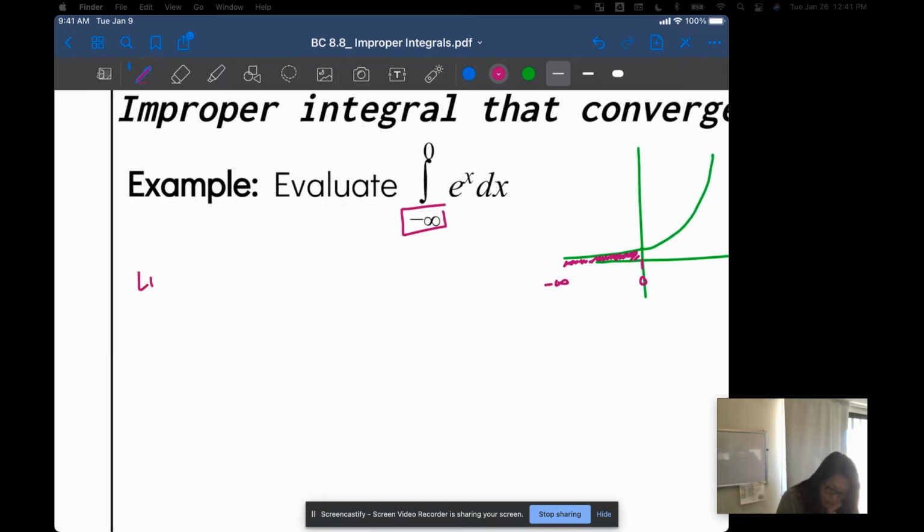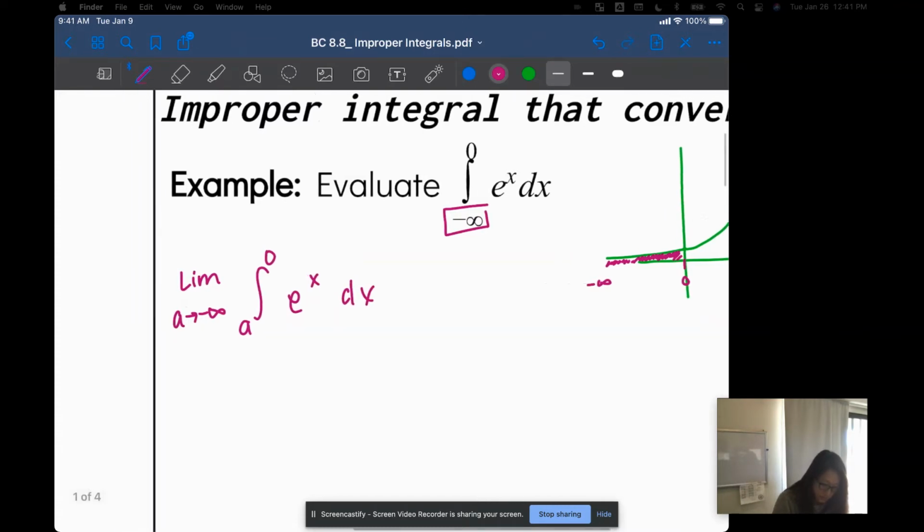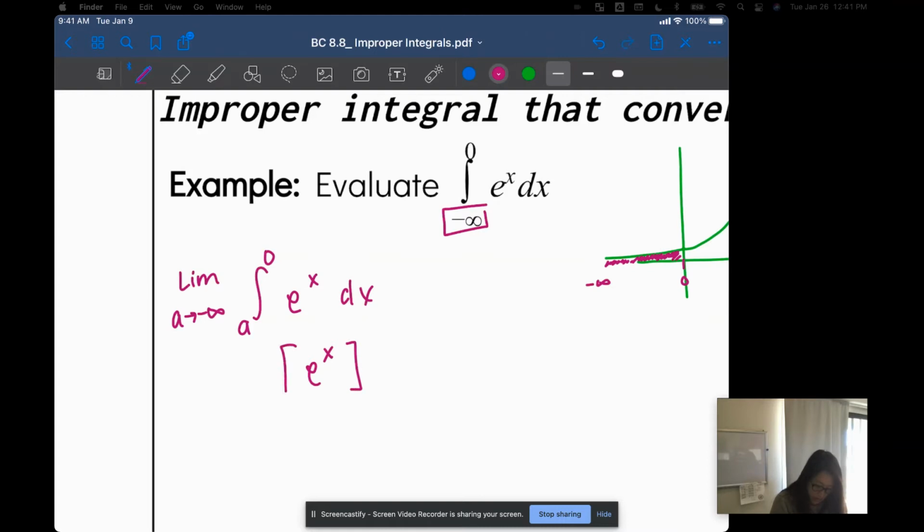So I'm going to write the limit, and I like to write a, as a approaches negative infinity, and then the top bound I always use as b, but this one is a value, so I put 0. The integral of e to the x dx is e to the x, evaluated from a to 0.